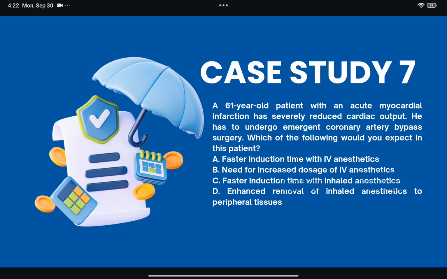The dose of an IV must be reduced. It should not be increased. Option B is totally wrong. With a reduced cardiac output, it takes a longer time for an IV induction drug to reach the brain. It will not give a faster induction time.